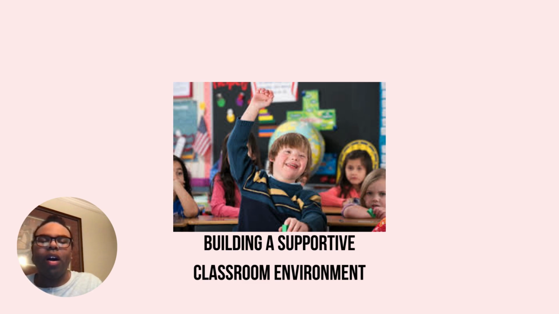Students of all backgrounds need clear routines and clear procedures so that students know what's going to occur next in the classroom and what to expect. Additionally, consider flexible seating. Seat placement is a crucial element to student success in general, but especially to students with disabilities.